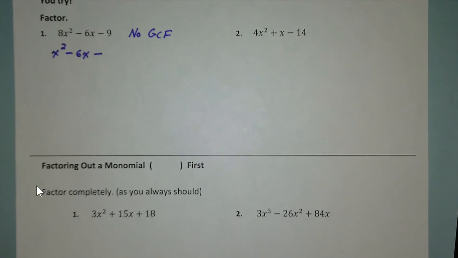So Allison, it would be x squared minus 6x minus what?